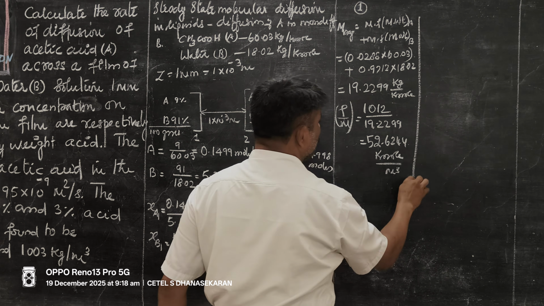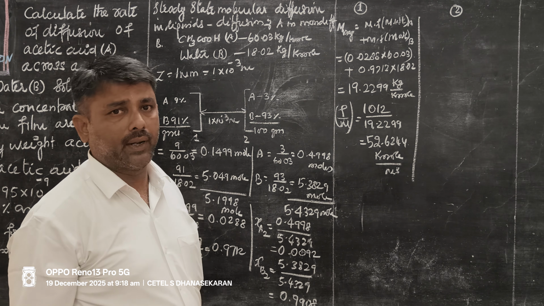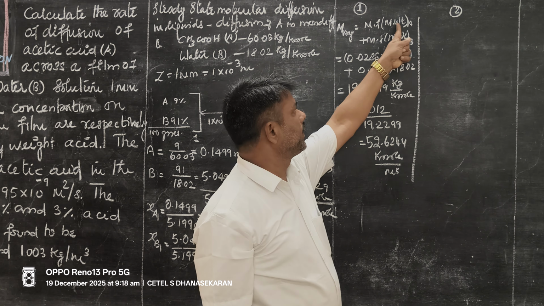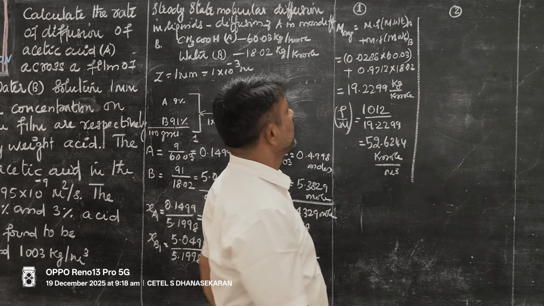Similarly, in region 2, average molecular weight. Again, mole fraction into molecular weight of A, plus mole fraction into molecular weight of B. The same should be adapted in region 2.